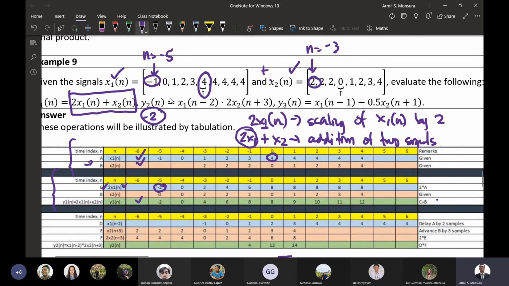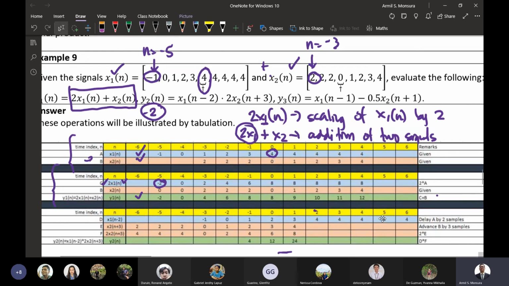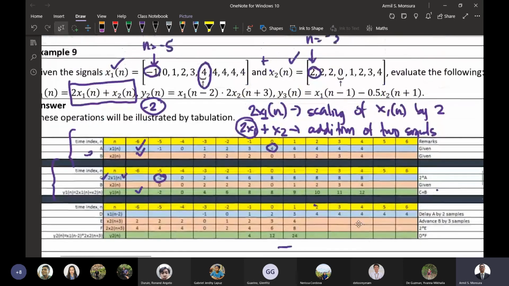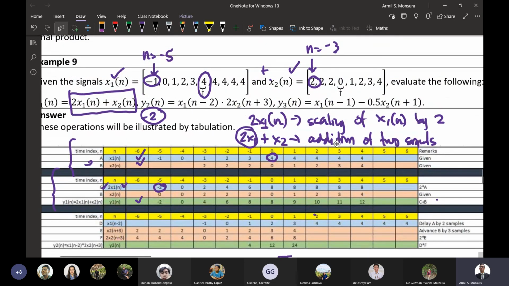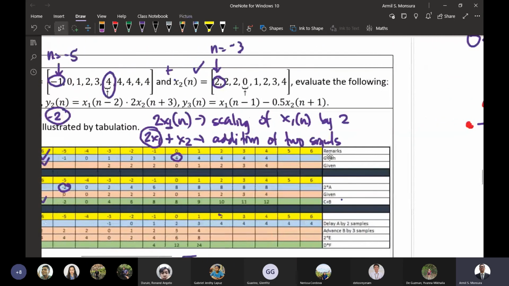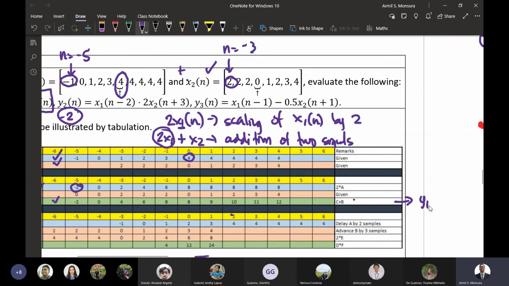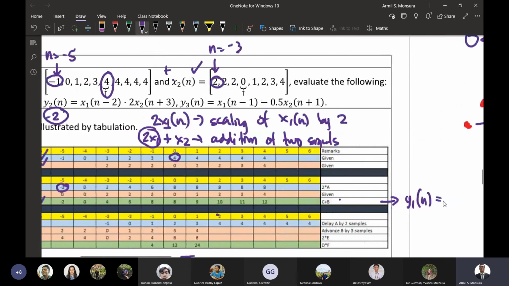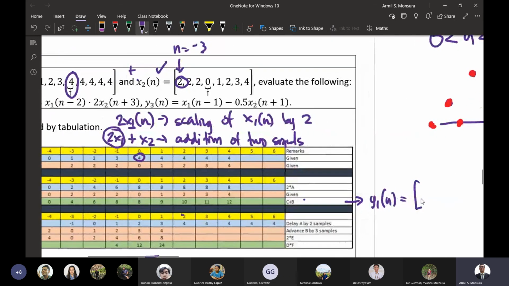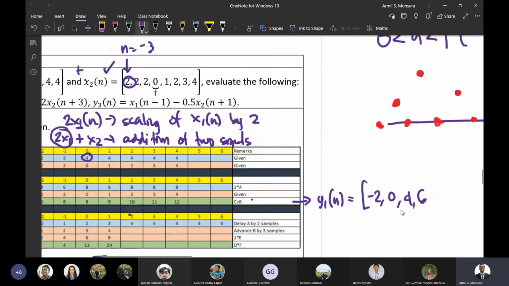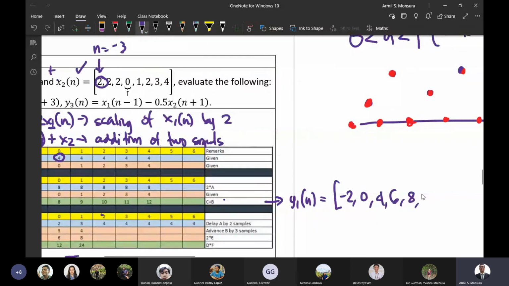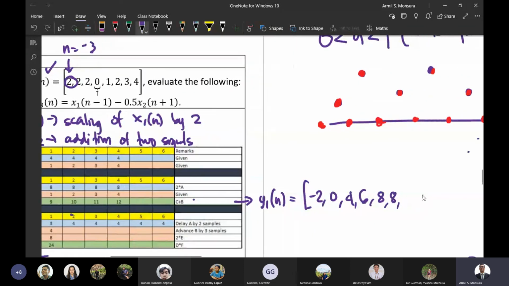Pwede siyang ilagay sa vector form natin, which makes it y1 of n equals negative 2, 0, 4, 6, 8, 8, 9, 10, 11, 12.